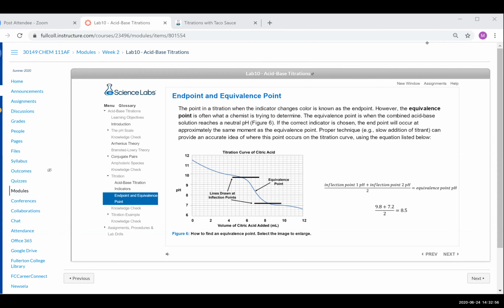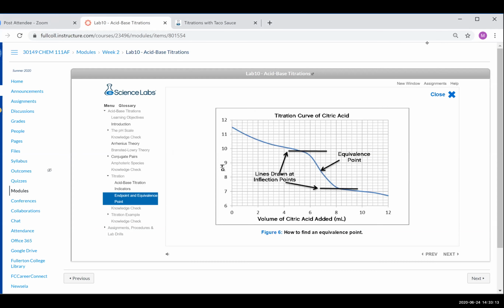And the way that we determine the equivalence point using a pH meter is that you record the pH after every 0.5 mL, and then we plot pH versus the volume of titrant.